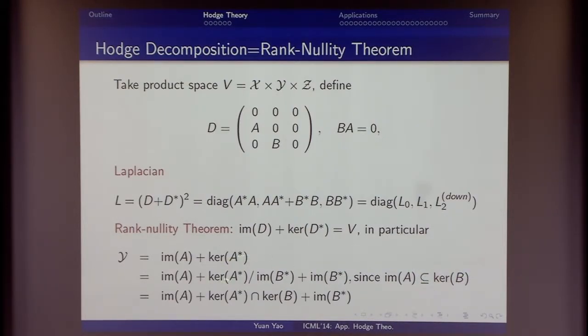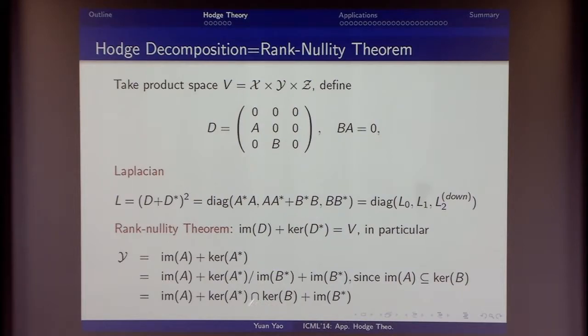So if you plug in this term, decompose this kernel of A star further into two orthogonal subspaces. One is the image of B star, another is the orthogonal complement. Then in the middle, you can replace this condition by the kernel of B star.